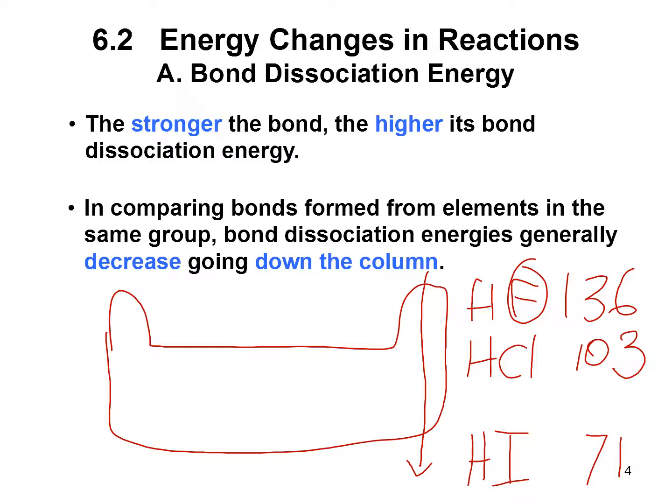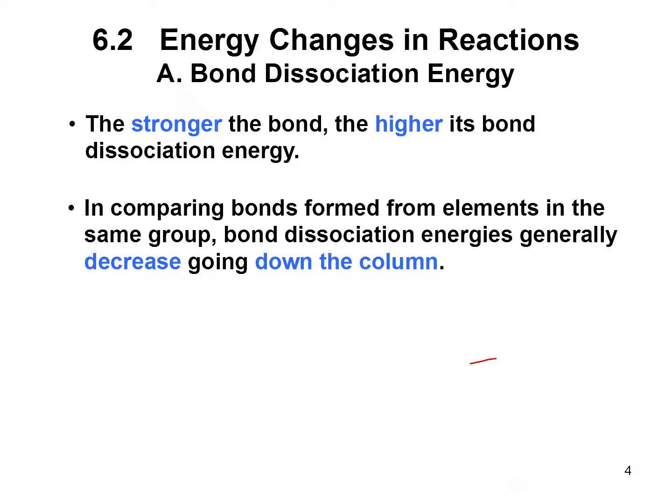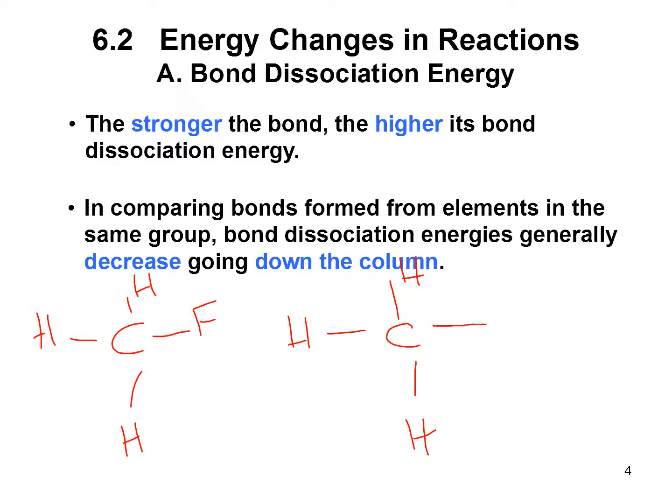Another example problem in the textbook was where you were given two compounds. One looks like this, and the other looks like this. They're asking which would have a higher bond dissociation energy and which would be a stronger bond.